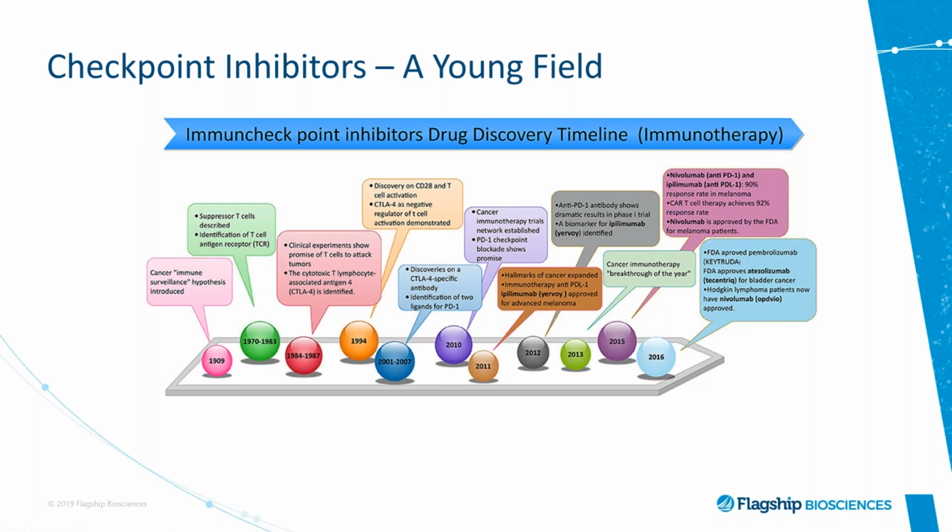And it wasn't until the early 2000s that the discovery of CTLA-4 specific antibody and identification of two ligands, PD-L1 and PD-L2, for PD-1 was made. Despite the fact that there's been a fairly short amount of time, there's been an explosion of knowledge in this field, and now there are several clinical trials based on humanized monoclonal antibodies to either PD-1 or PD-L1 or both.